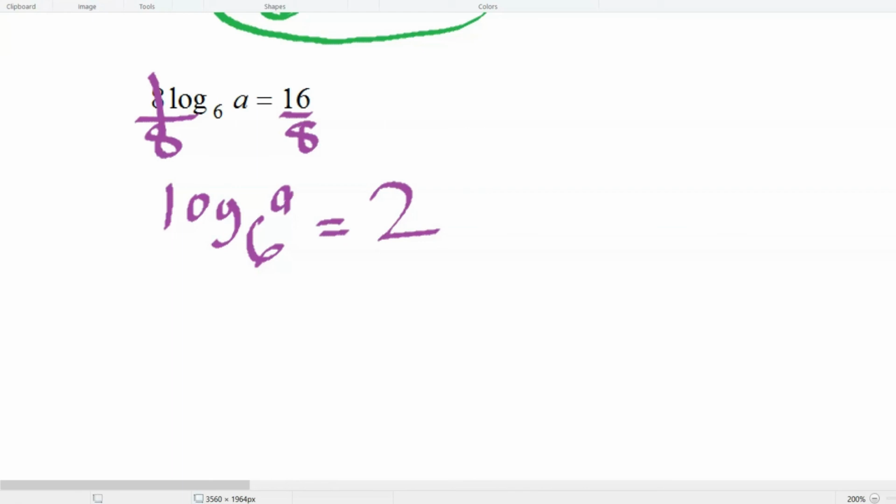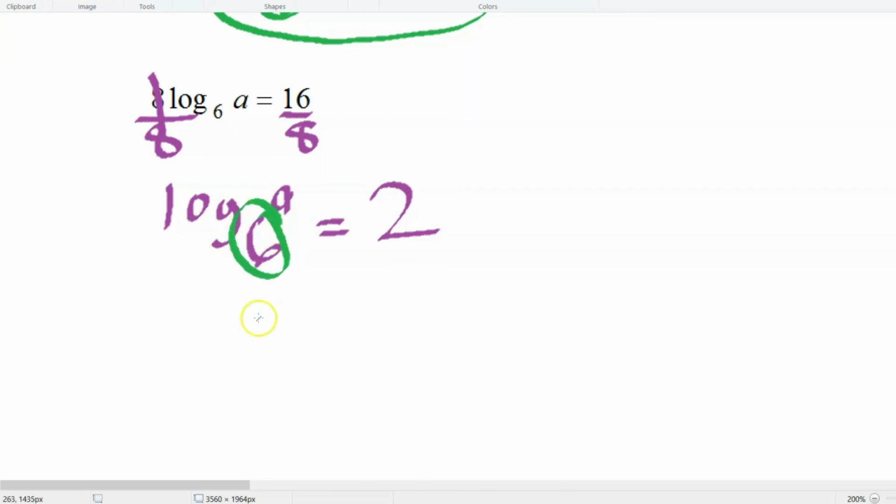Okay, so to get rid of this 8 that was in the front, this technically is just like a variable like 8x, to get rid of that 8 in front of the logarithm, to isolate it, I had to divide by 8 on both sides. Now this is isolated, and I can write this as exponential form.